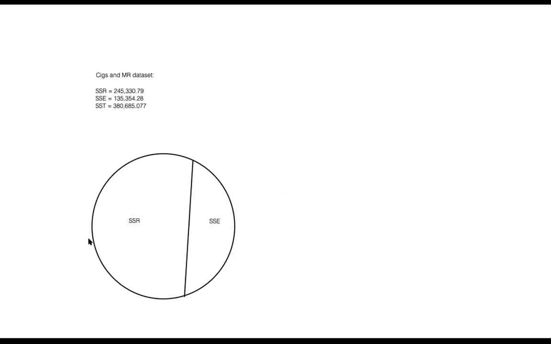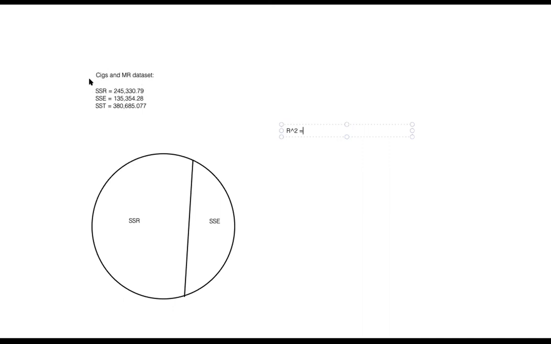Okay, so now let's turn this into a more meaningful interpretation. R squared is, again, what we are interested in is SSR, because remember, R stands for regression model, and this is the portion of the total variation in your dependent variable that your model is able to explain.